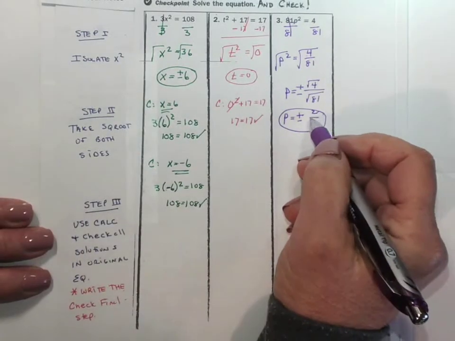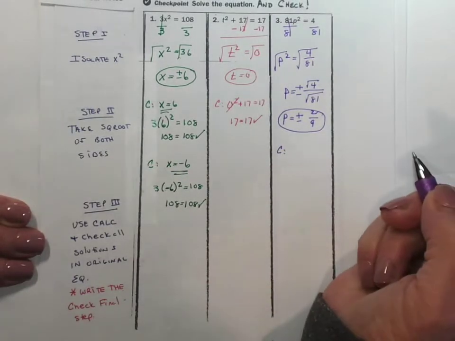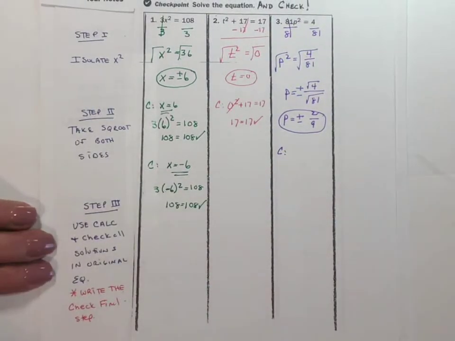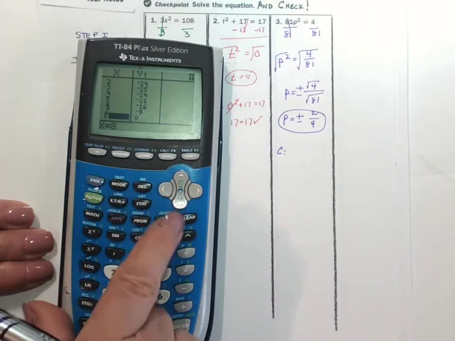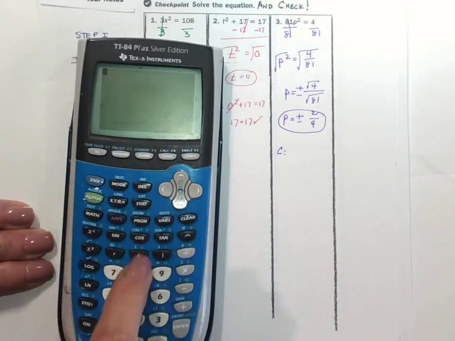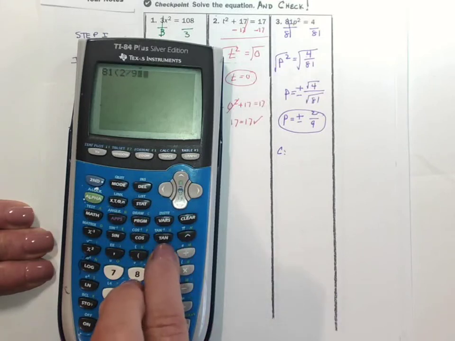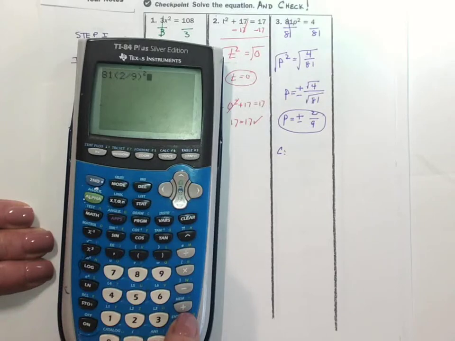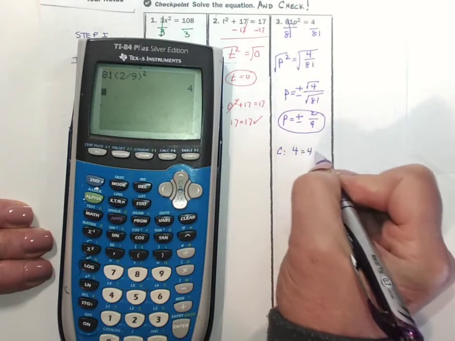Okay. And when you check it, I'll do one of the checks here. All right. 81 parentheses 2 divided by 9 squared. Notice I put that in my calculator. 4 equals 4.